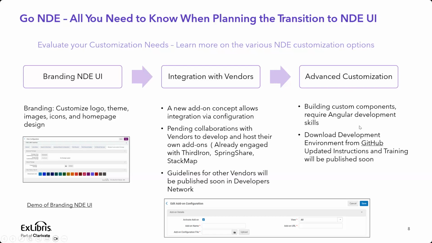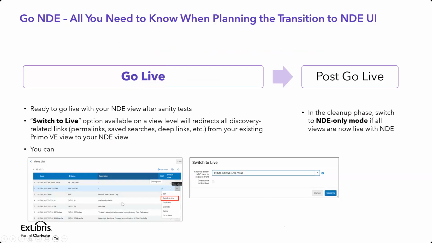You will need to download the new customization development environment from GitHub, and you can start, based on Angular, to develop your own custom module. So these are all of the various options that we are offering, and knowing all of those options will help you estimate your resources and the timeline of the project of shifting to the NDE UI. After you've done all of that, there will be the step of go live.